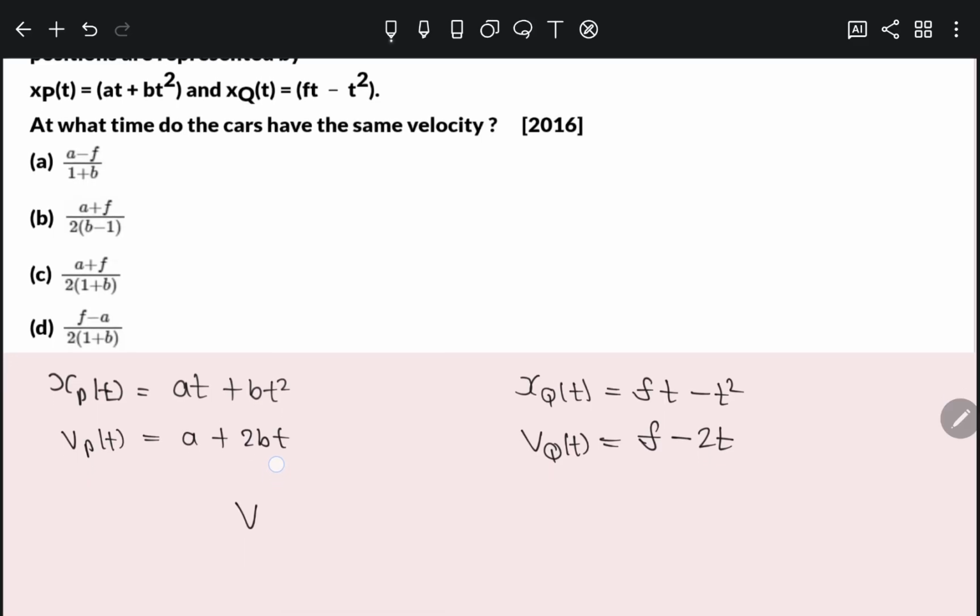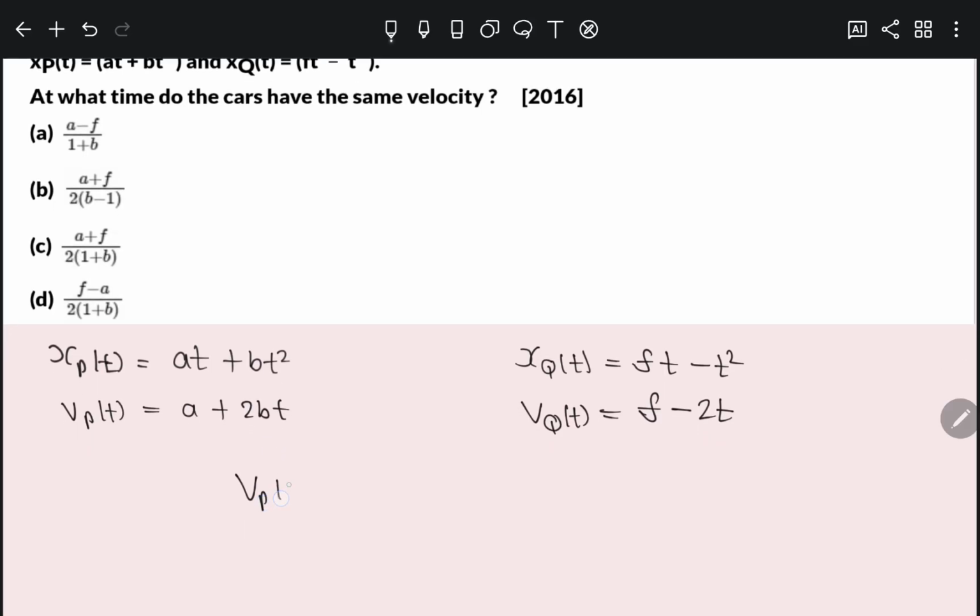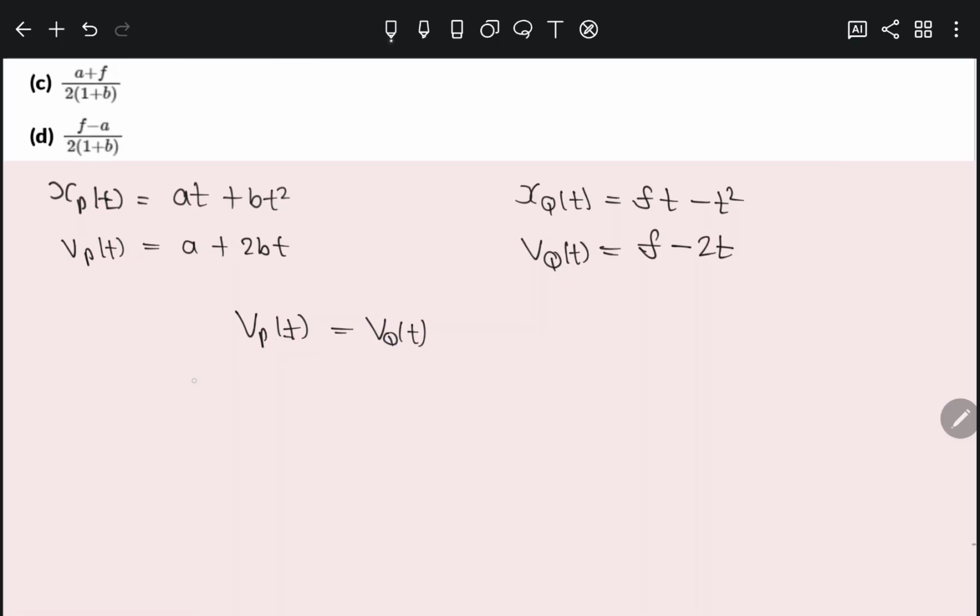And in this question they are saying that both have the same velocity. Velocity of p(t) is equal to velocity of q(t), right? So a plus 2bt is equal to f minus 2t. So what I do, this 2t goes to that side and a comes to this side.